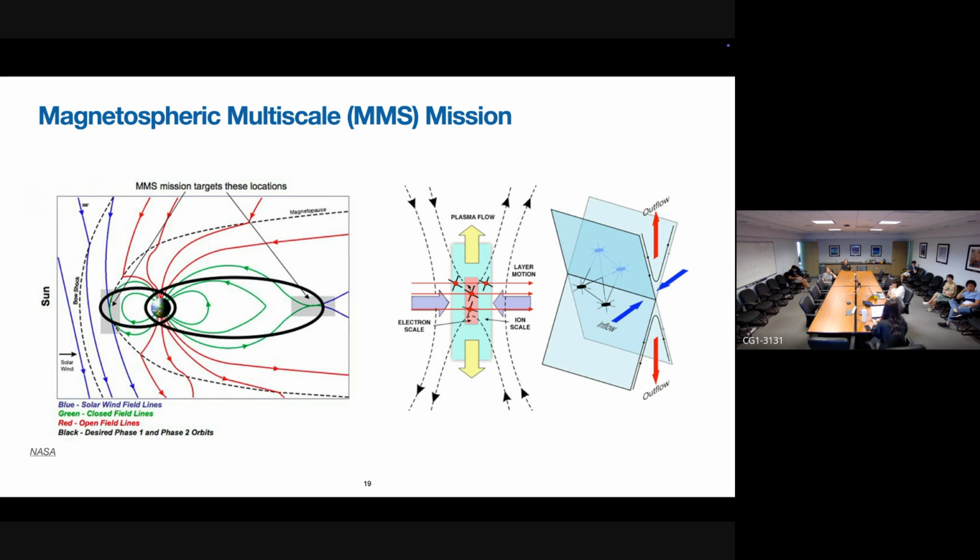Like the smallest separation of those spacecraft can be like 7 or 10 kilometers. So that's really targeting the electron scale. And during the prime mission, MMS apogee is at the reconnection locations at the dayside and at nightside. So our main goal is to investigate the electron diffusion region and ion diffusion region characteristics of reconnection.